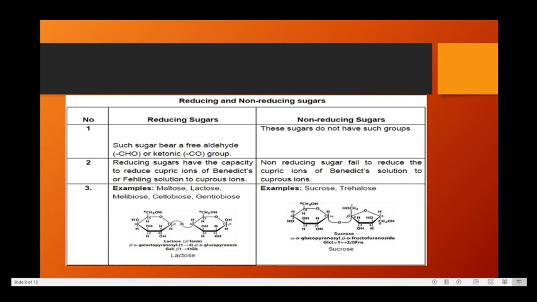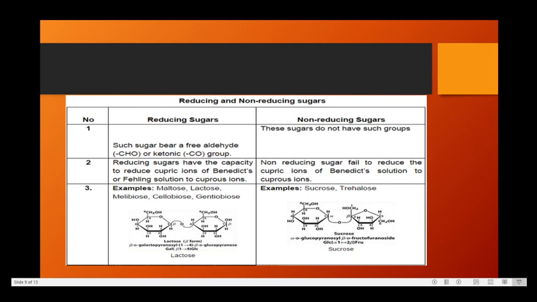Now, sugar molecules may be reducing or non-reducing. Reducing sugars have a free aldehyde or free ketonic group, but non-reducing sugars don't have a free aldehyde or free ketone group. Reducing sugars have the capacity to reduce cupric ions of Benedict's reagent or Fehling solution to cuprous ions, but non-reducing sugars fail to reduce the cupric ions of Benedict's solution to cuprous ions.